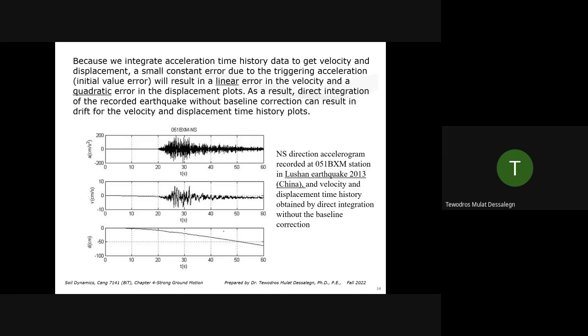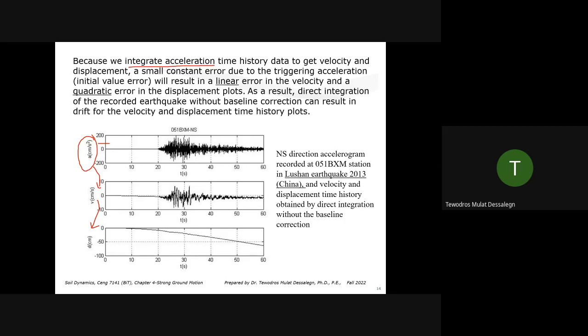We need to correct it before we use it, because we integrate acceleration. Our initial raw data is acceleration. We integrate acceleration to get velocity. We integrate velocity to get displacement. If there is a data error in the acceleration, every time we integrate, the error is magnified.